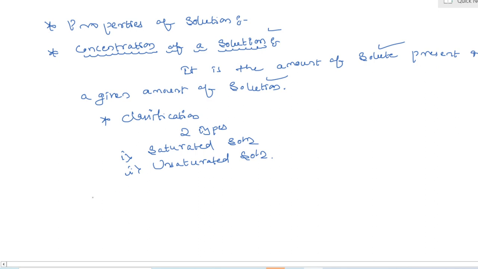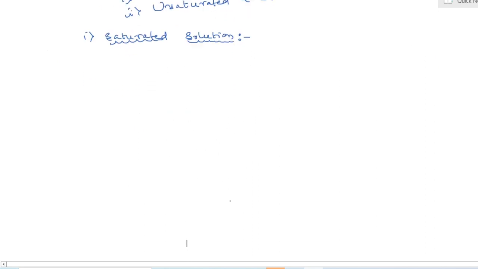Our first type of concentration of a solution is saturated solution. Saturated means a solution in which no more solute can be dissolved at a given temperature.